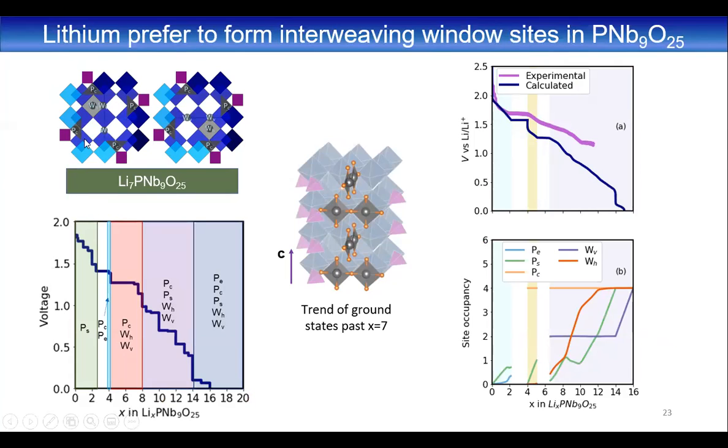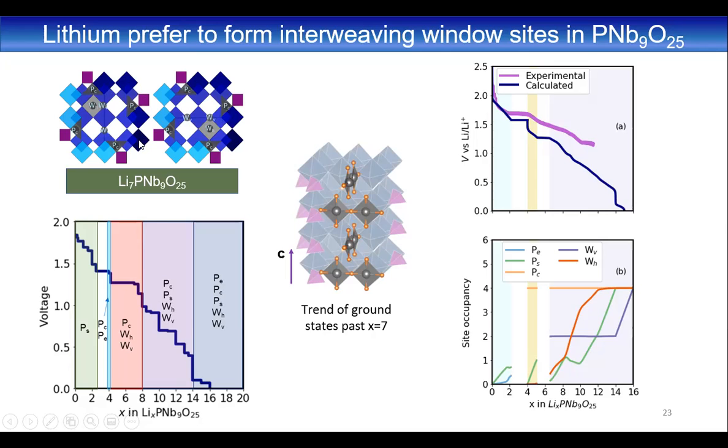And what I found after doing a few calculations and doing the cluster expansion method to find low energy ground states was that there is a preponderance of this type of ordering where these window sites are shown in an interweaving fashion.